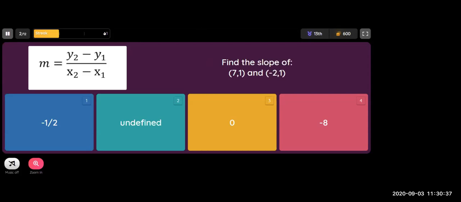Remember, it's not about which point is first and which is second. What we have to know is which point is to the left of the graph. The point on the left is the first point, and the point on the right is the second, if that makes sense.